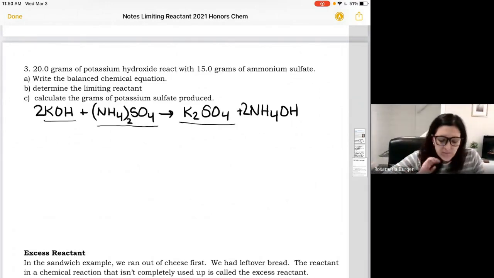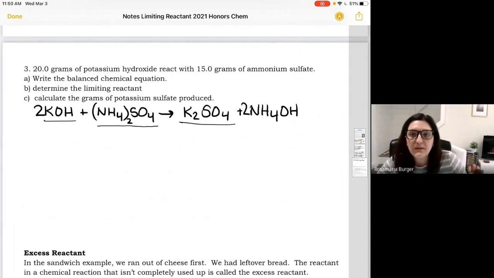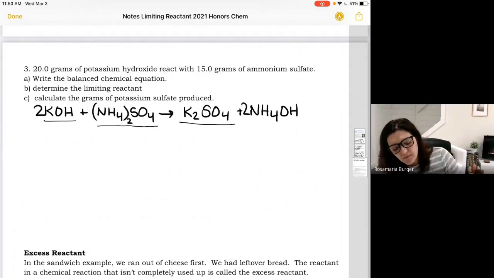All right, so let's get started. I know that I'm going to need some molar masses, so let me write them down. I'm going to write it up here. KOH's molar mass is 56.105. Ammonium sulfate is 35.406.